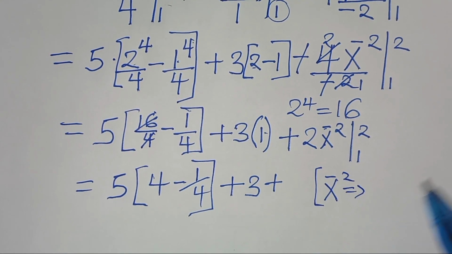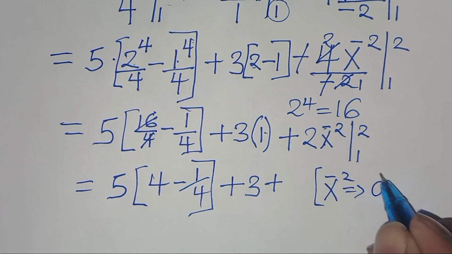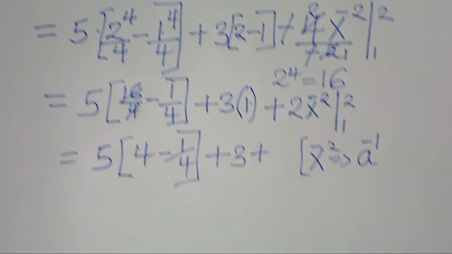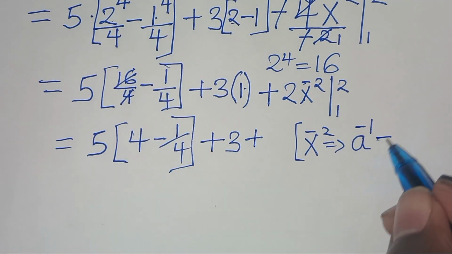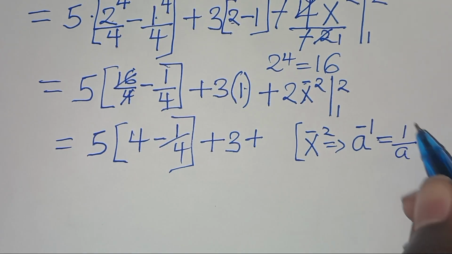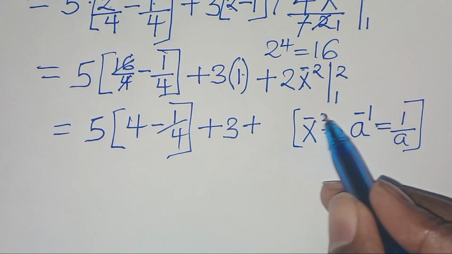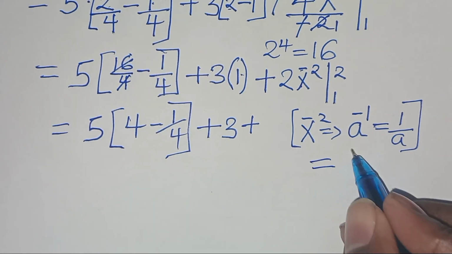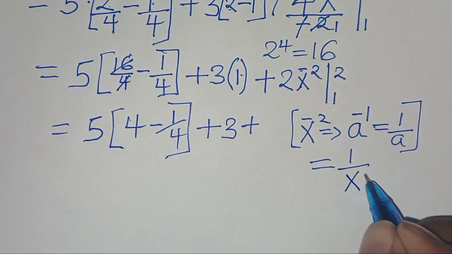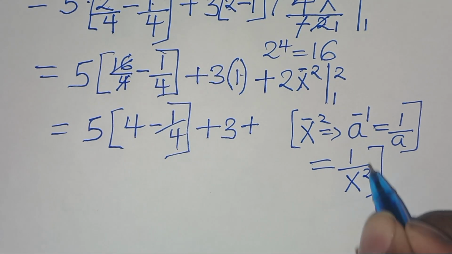Now, this is in the form of a raised to power minus 1, which we can express as 1 over a. So applying this property, x to power minus 2 is the same thing as 1 over x to power 2. So let's substitute this.